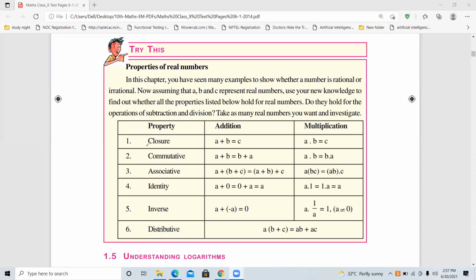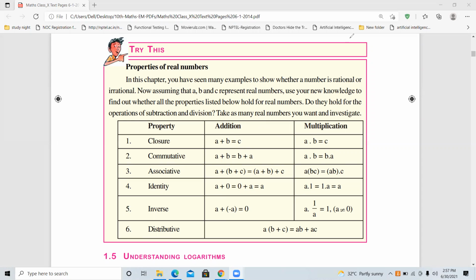There are various properties: closure property, commutative property, associative property, identity property, inverse property, and distributive property. Closure property means A plus B equal to C and A into B equal to C. In this way, you can learn all the other properties given here.